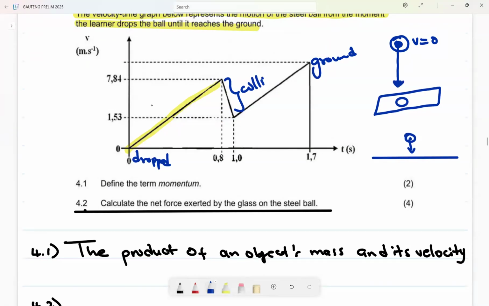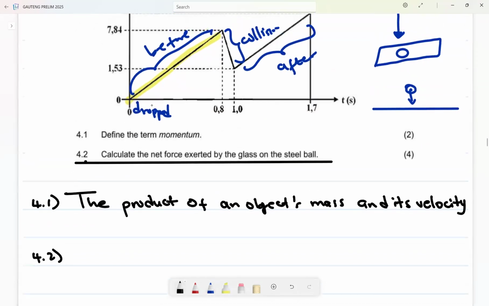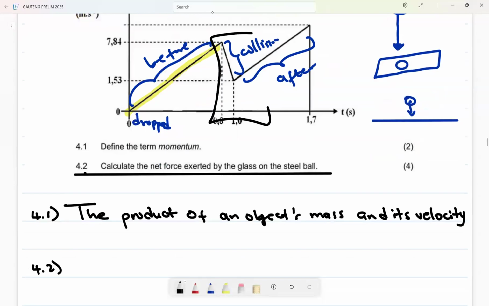This is during the collision, this is before the collision, and this is after the collision. We are interested in the net force exerted by the glass on the steel, and the net force was exerted during the collision.